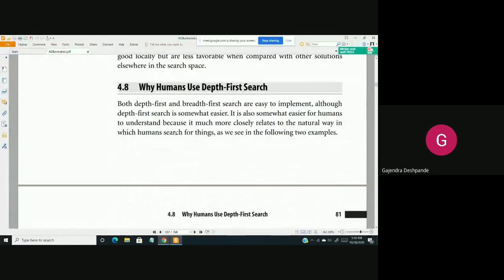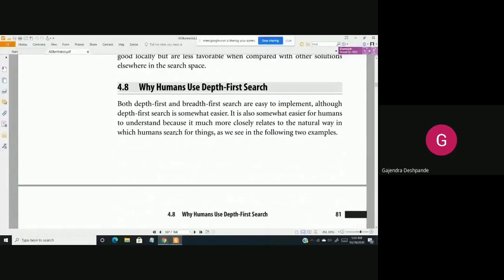Next is why humans use depth first search. There are many concepts in computing which humans can relate to their behavior or animal behavior or many things in our nature. You will observe many concepts which are related to our surroundings.